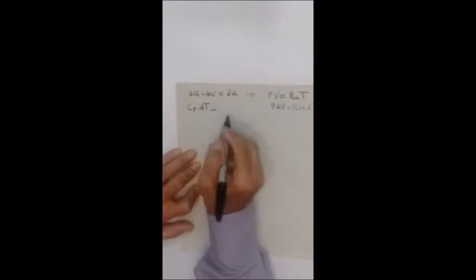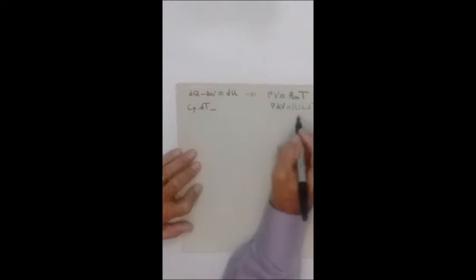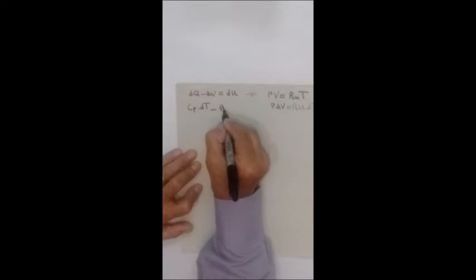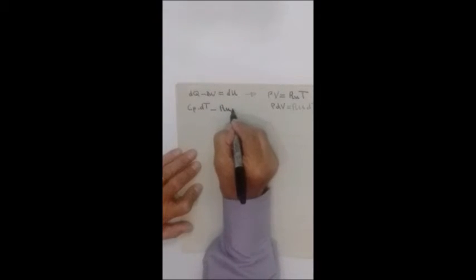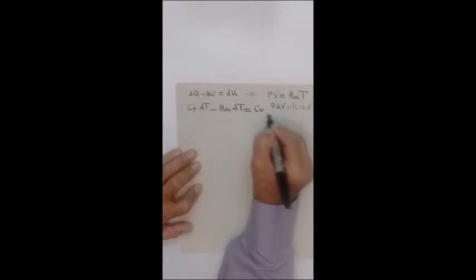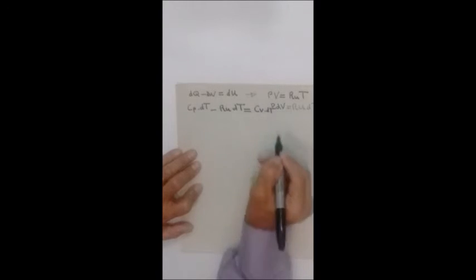So here Cp dT minus delta W, which would be RU dT, equals Cv dT. Let's write it clear.